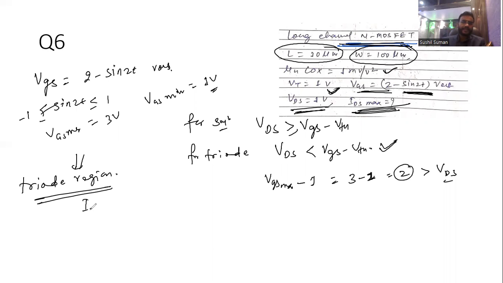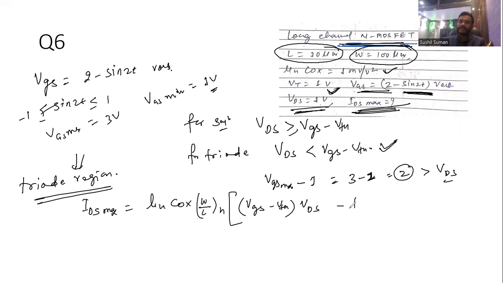Now the drain equation IDS becomes IDS maximum, which is mu n C oxide W by Ln, into (VGS minus VTH) into VDS minus half VDS square.